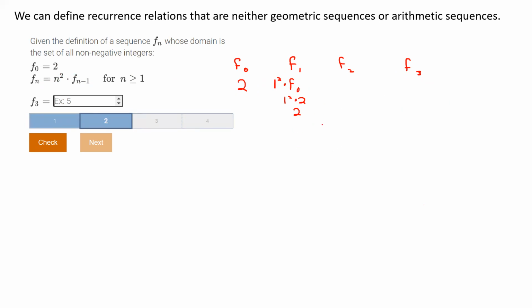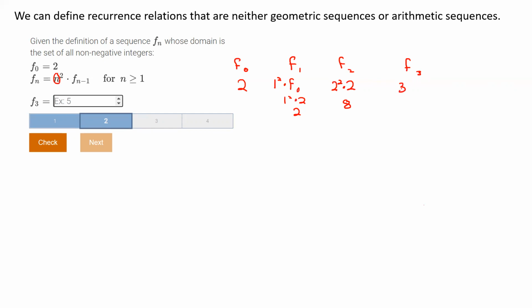right? And then for F2, the index is a 2, which means we're going to take that 2 and square it. So we're going to have 2 squared times the previous term, which is a 2. And so that's going to be an 8. And so the third term then, n is now a 3.